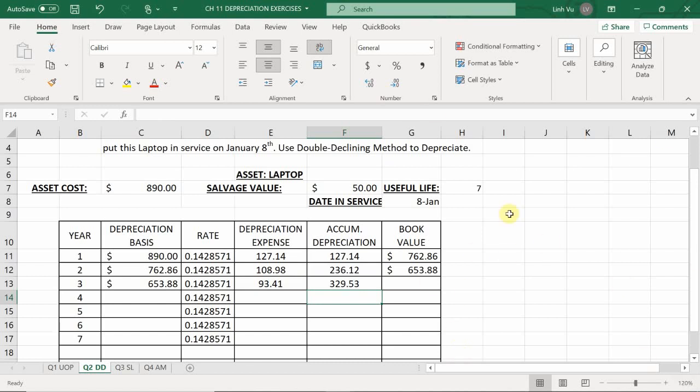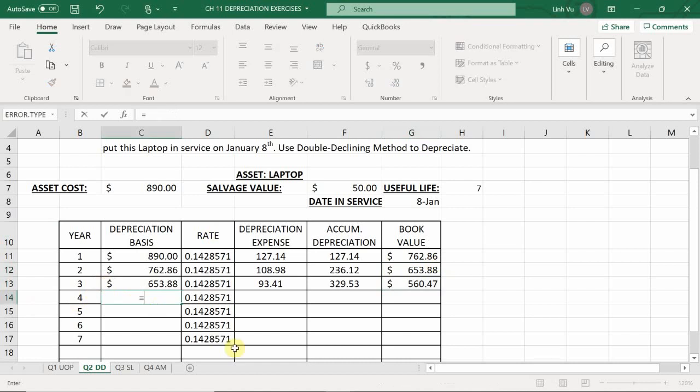Which then drops my book value down to $560.47, which once again becomes my beginning of the year's book value for year 4.